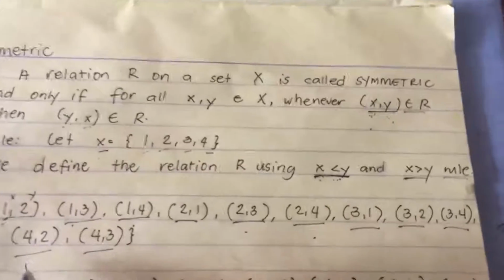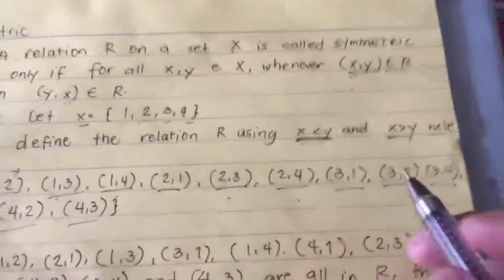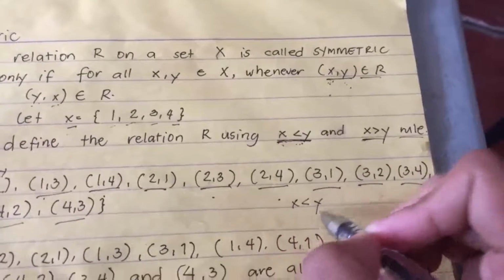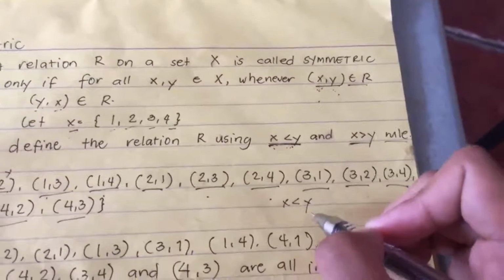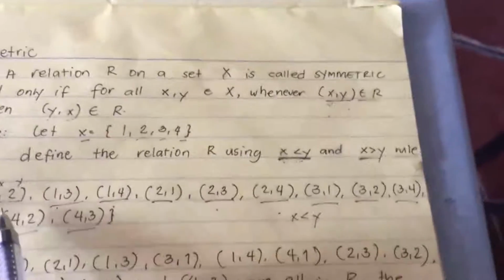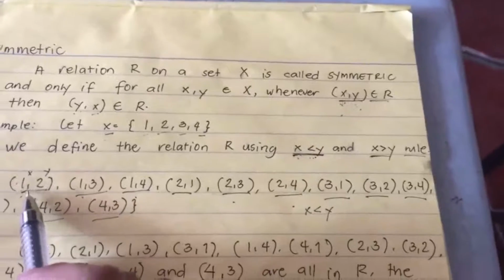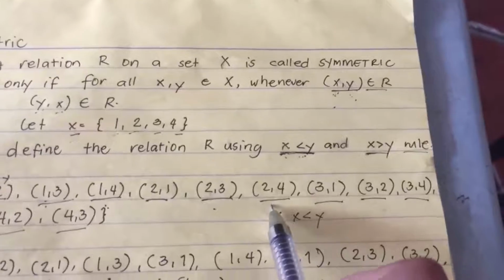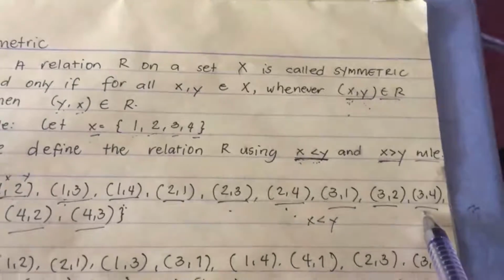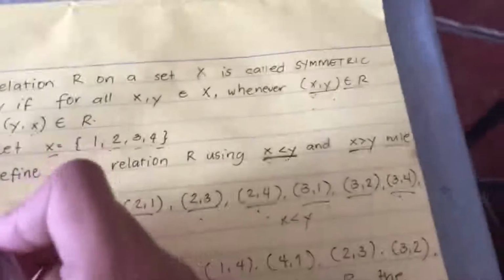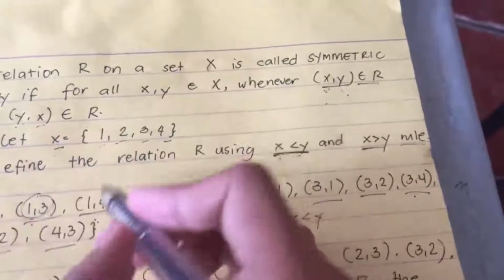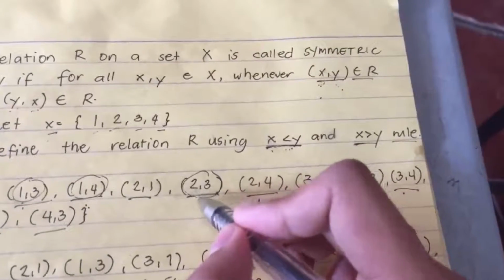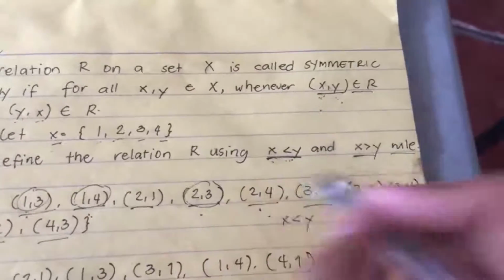The rule x is less than y is satisfied by the pairs 1 and 2, 1 and 3, 1 and 4, 2 and 3, 2 and 4, and 3 and 4.